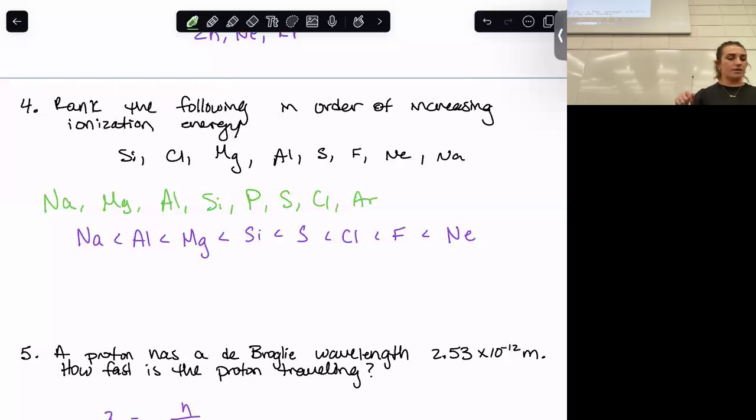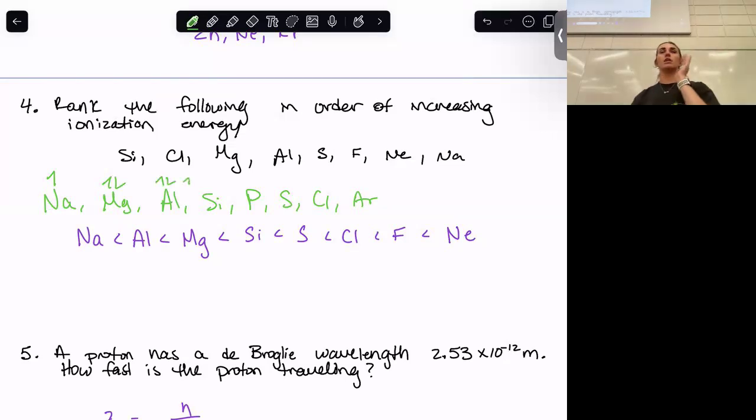So looking at what I've given you, you want to rank everything in period 3 first. When we go from sodium, which has 1 unpaired electron, to magnesium, we have a paired electron in the s orbital. It's going to be hard to remove that paired electron. It wants to remove the 2 of them, but it's going to be pretty hard to do that. When we go to aluminum, we have a paired electron in the s orbital and then an unpaired in the p.